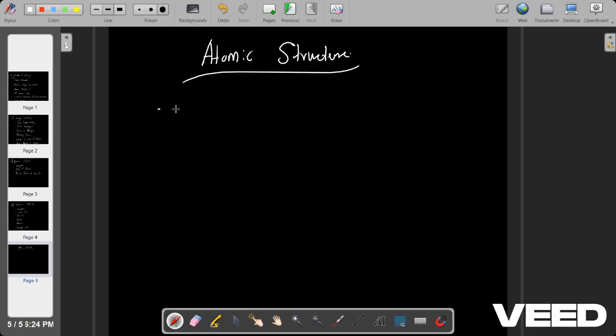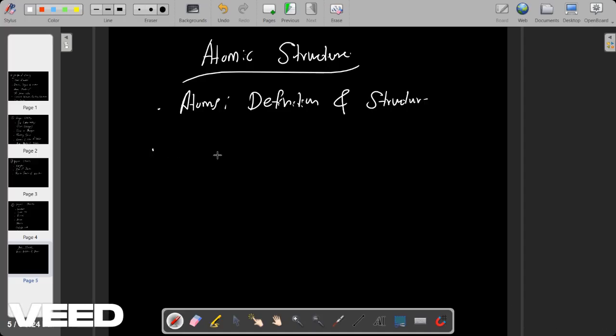Under atomic structure, we are learning about atoms, their definitions, and structure. Also, we are calculating their relative atomic mass. Calculate relative atomic mass.